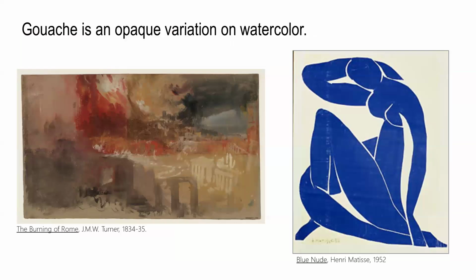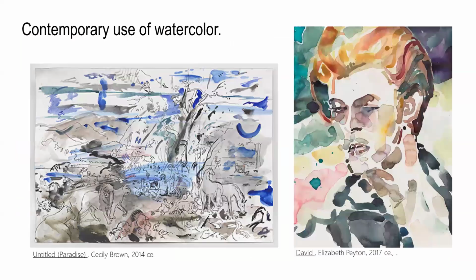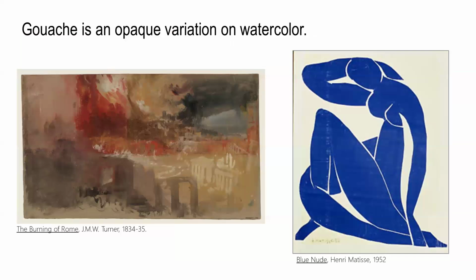So gouache. Here we have two examples of gouache painting, one from Turner from the 19th century, and one a 20th century example where Matisse would make these.